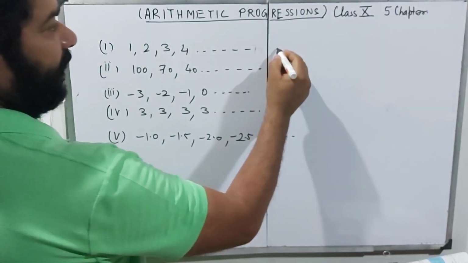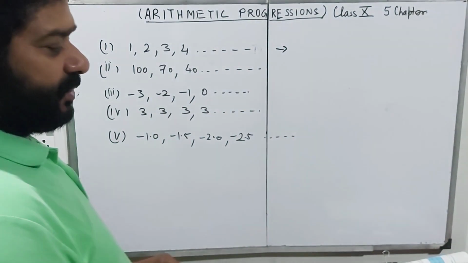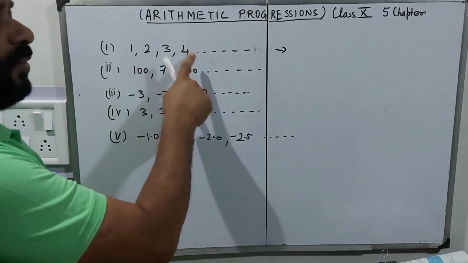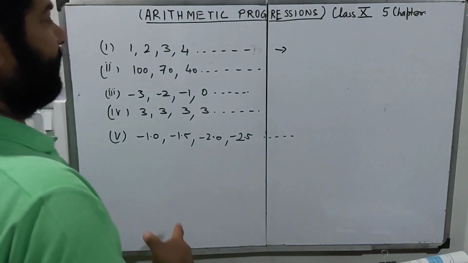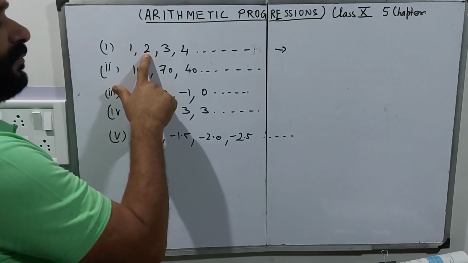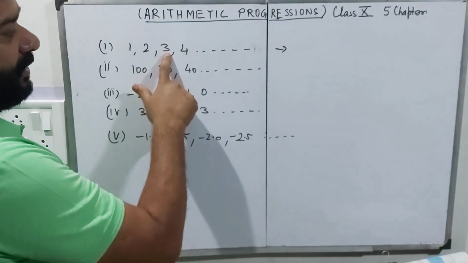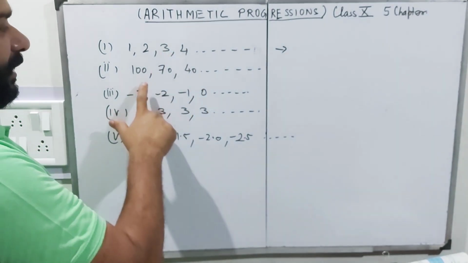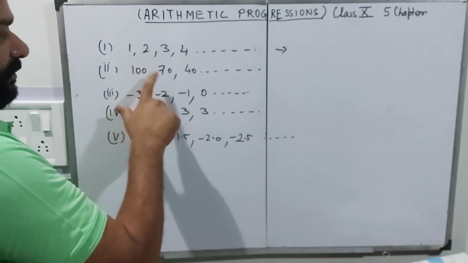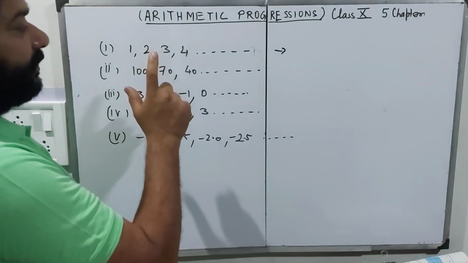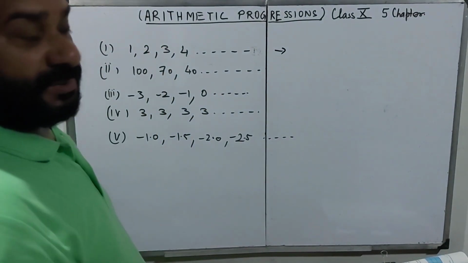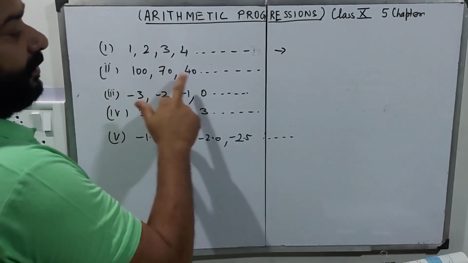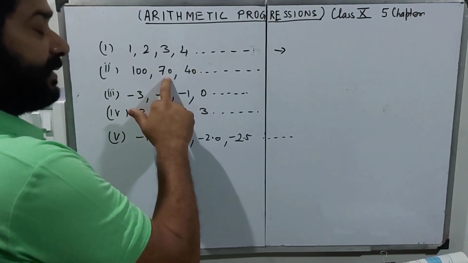In the first case, you observe that each term is one more than the preceding term. That means 2 is one more than 1, 3 is one more than 2, 4 is one more than 3. In the second case, each term is 30 less than the preceding term. That is, 70 is 30 less than 100, and 40 is 30 less than 70.